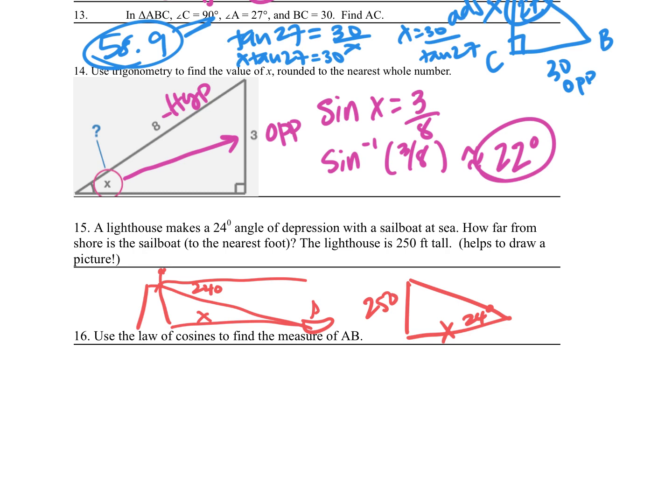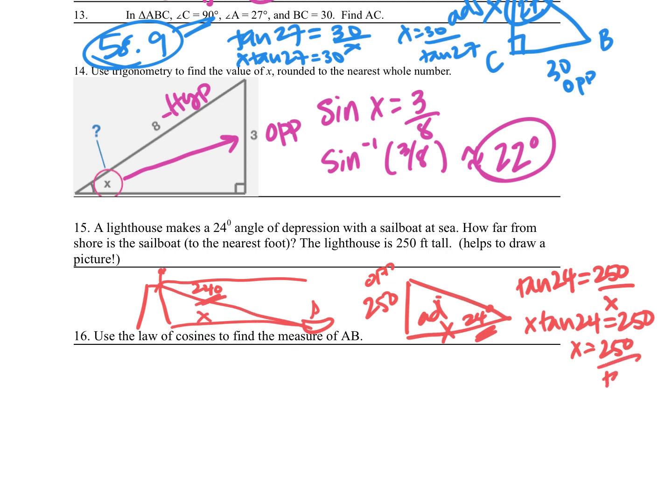I know that these two angles are the same because the lines are parallel. So that means that this is opposite, this is adjacent. So the tangent of 24 is equal to 250 over x. So x tangent 24 equals 250, or x is equal to 250 over the tangent of 24.